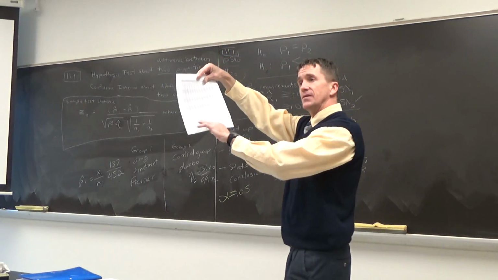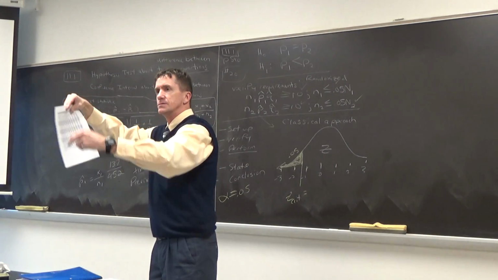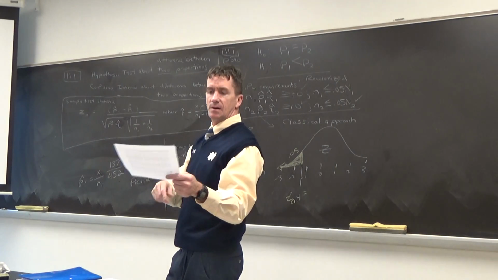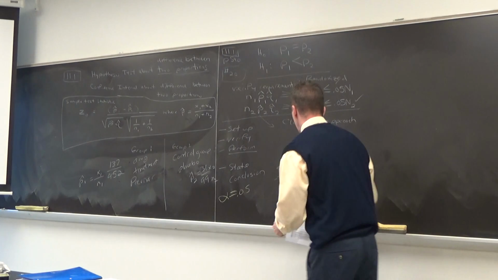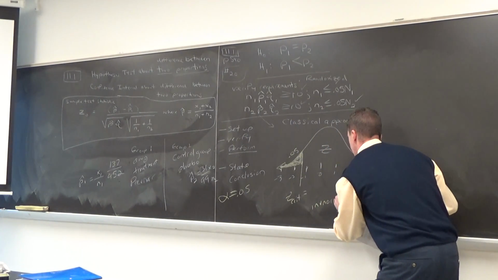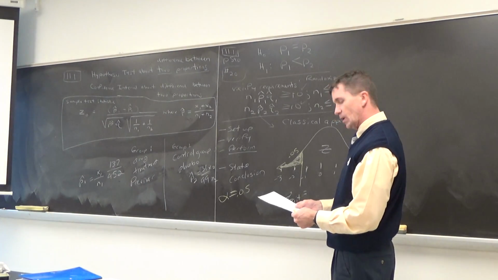This is a T table. At the very bottom, what row do we have? Z. So I'm going to look at this and verify. Anybody already hit the calculator? He's typing inverse norm 5% on his calculator. I'm looking on this sheet, and at 5%, it says 1.645.